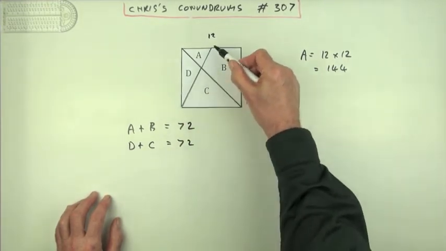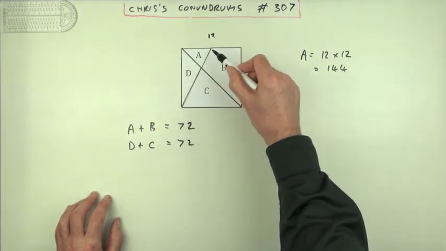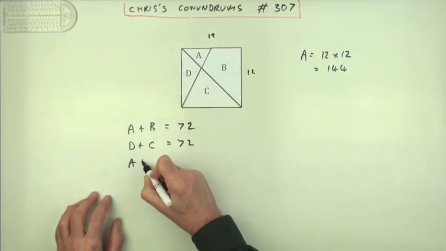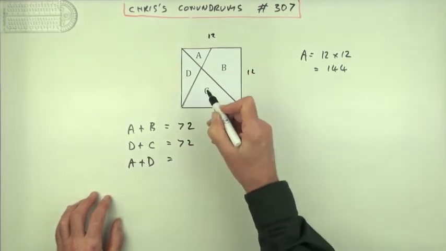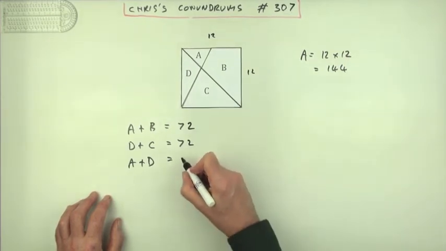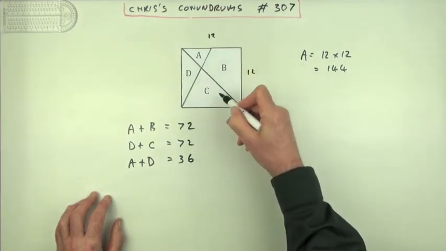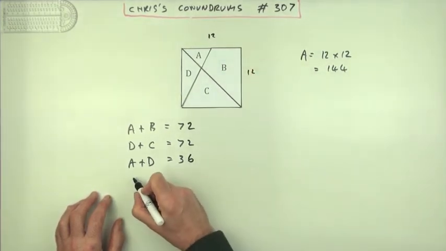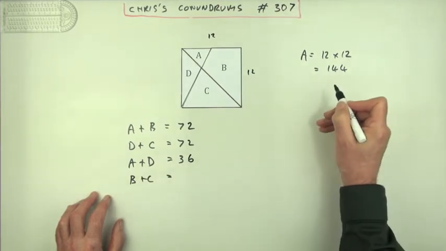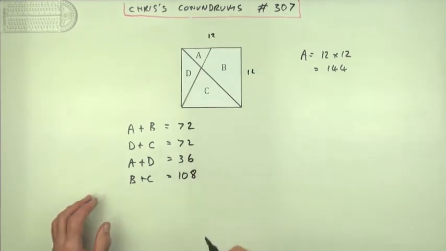This part here, if that just goes to the midpoint, then that's going to be 1/4 of it, meaning that A plus D is going to be 1/4 of 144, which is 36, meaning that this part here will be 3/4 of it. B plus C is going to be 3/4 of it, which would be the remainder, 108.